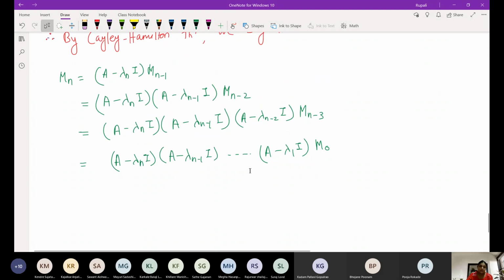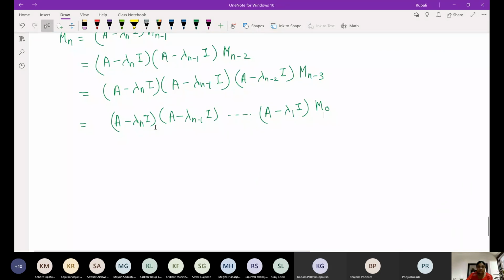Is that right? Yes, ma'am. So this is nothing but the characteristic polynomial. If I simplify this, it gives me the characteristic equation, so by Cayley-Hamilton theorem I will get this as 0. What is my characteristic equation?